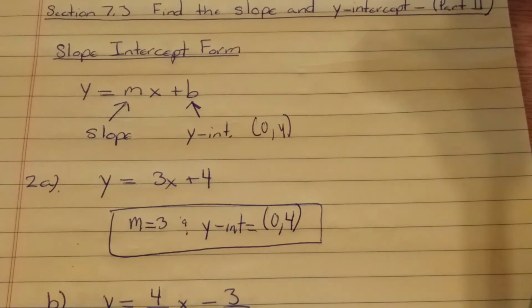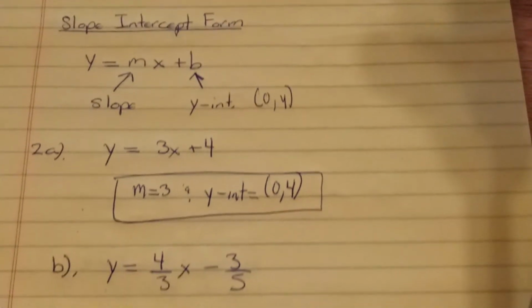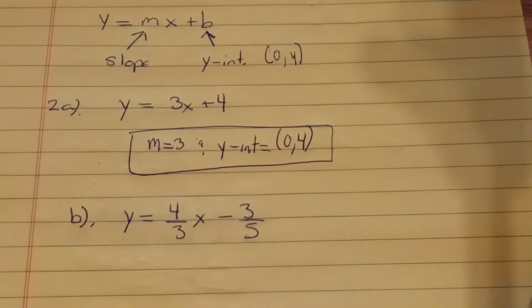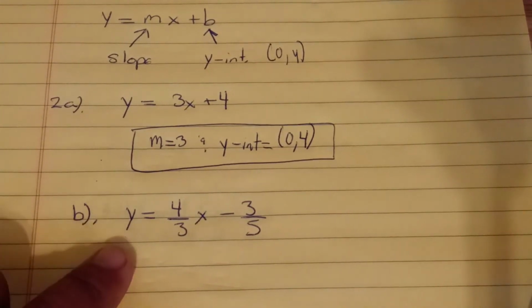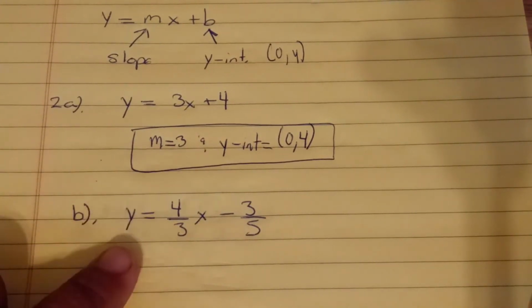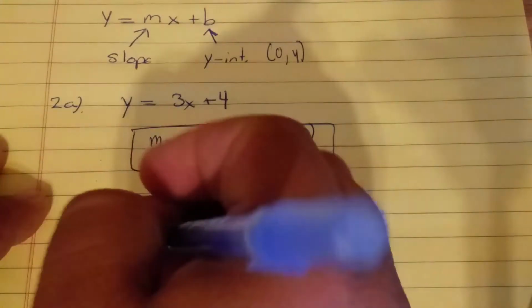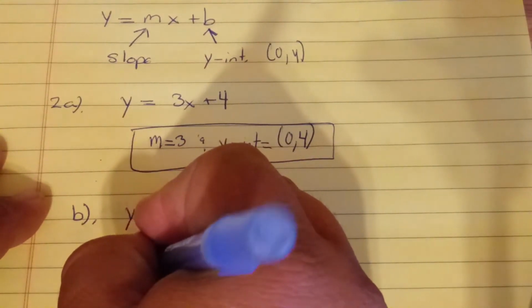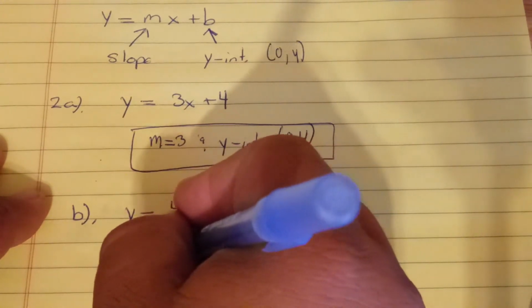Let's try another one. In this case, we have our equation set up equal to y once again. So the value in front of x is your slope. So this will be 4/3.